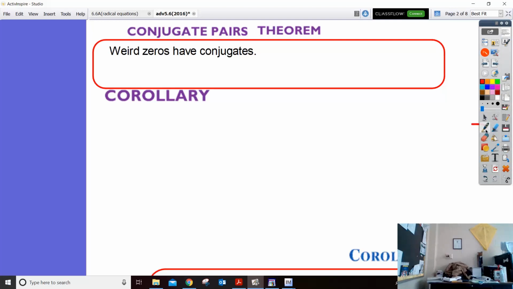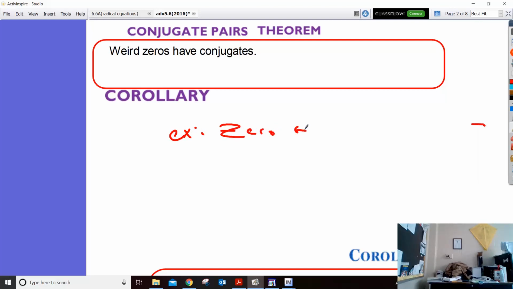So, an example, we have a 0 at 5 minus 12i. If there's a 0 at 5 minus 12i, that thing looks weird, doesn't it? It's a weird looking 0. What's its conjugate? 5 plus 12i. Now there's another 0 at 5 plus 12i.